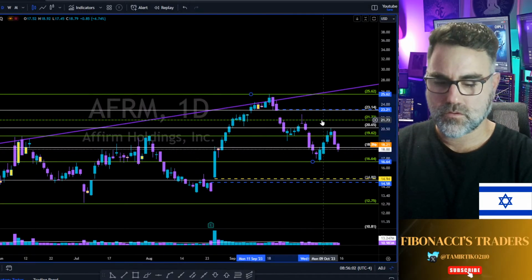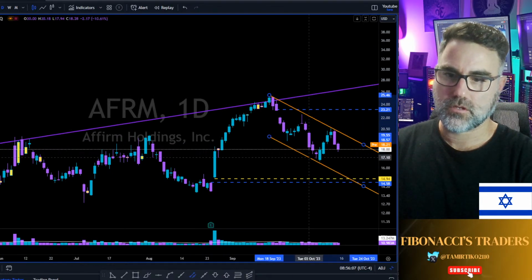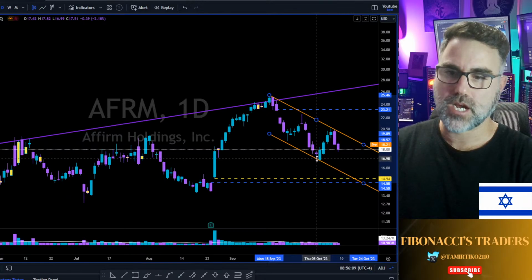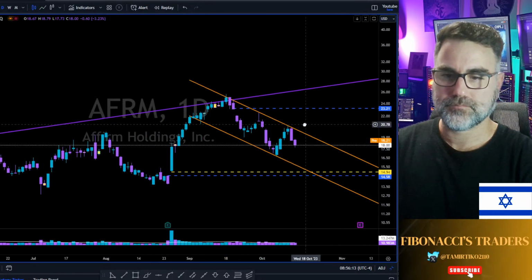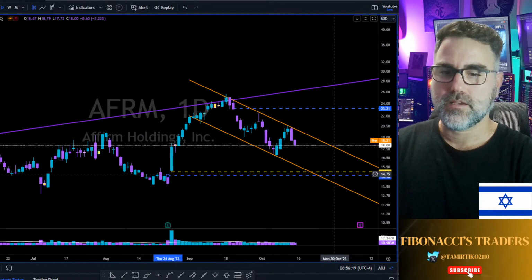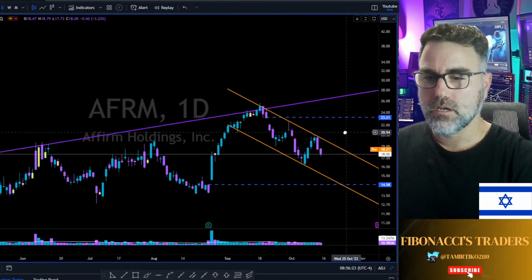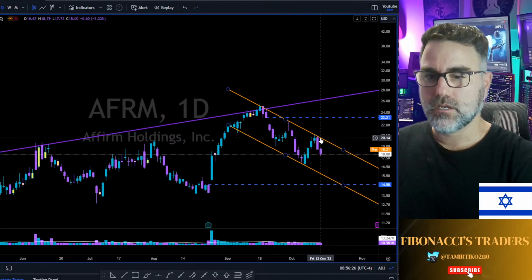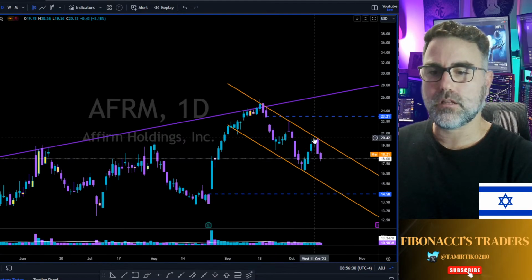You have a downtrend channel until proven otherwise, going towards this gap over here, the 1450, 1458. You want to go long? You need to wait for at least 2-3 days closing above this orange channel.